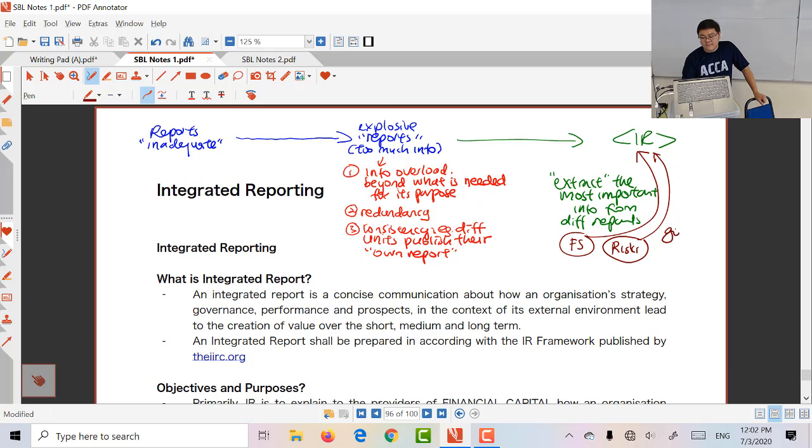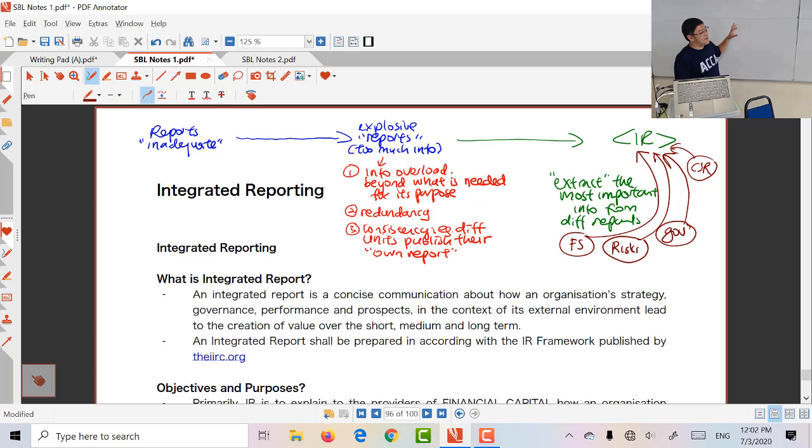Things about governance, like director's pay, which is very important, you put it in. If you think there are important things on CSR, you put it in. So you take the most important information of various reports, extract it and put it in. But when you start extracting things, consistency is very important. Because if you don't have consistency, the report becomes so hard to understand. That's why we have to make sure everybody speaks the same language.